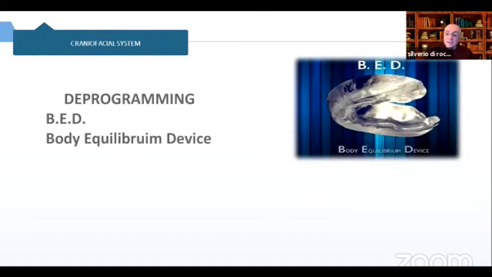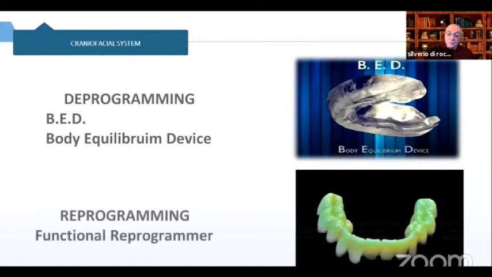All medical sciences use the body equilibrium device to annul momentarily the aggression of the craniofacial system. And obviously, for reprogramming, we use other devices. Reprogramming is for the specialist. The deprogramming is for the whole medical sciences.